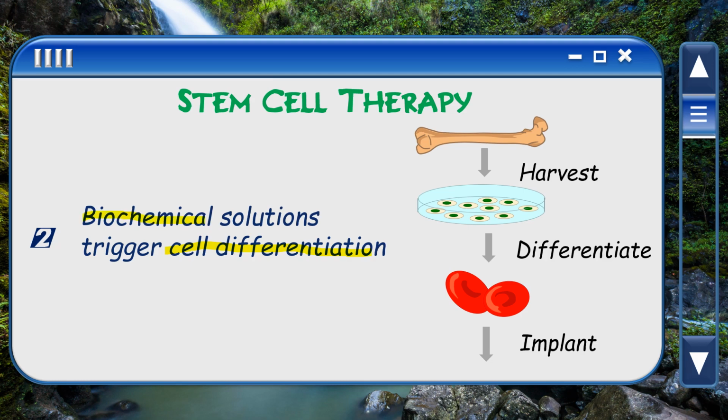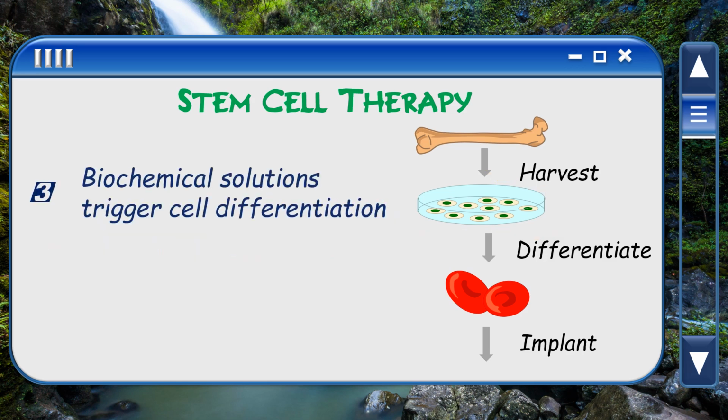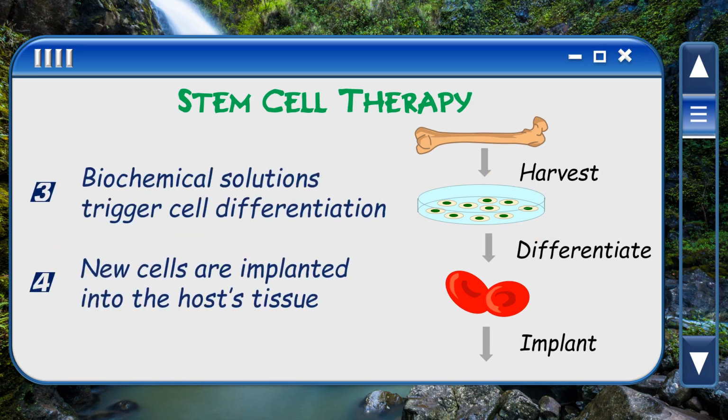You extract them from the bone, and then you provide them with biochemical solution. These biochemical solutions trigger the stem cells to differentiate. When they differentiate, we get new cells, which can be implanted in the host's tissue.